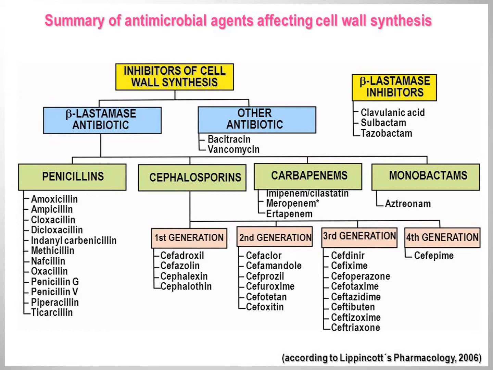So by adding a beta-lactamase inhibitor to one of the penicillins, you could stop the enzyme being secreted by the bacteria from being effective. These beta-lactamase inhibitors are added to some antibiotics, and we'll talk about some.